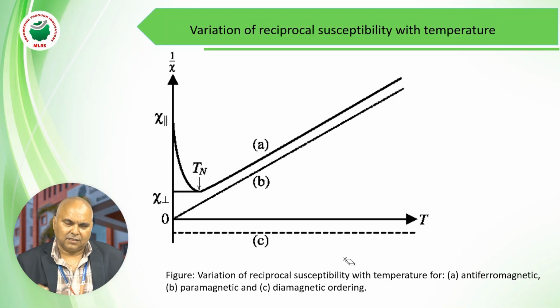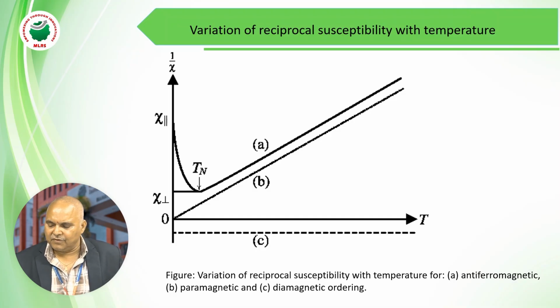Whereas in ferrimagnetic, a minimum value will come and then it will increase. Then diamagnetic will be only constant. So these are the three materials' variation of reciprocal susceptibility with temperature.